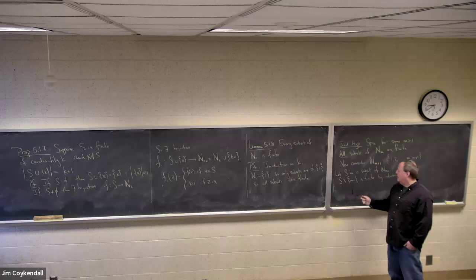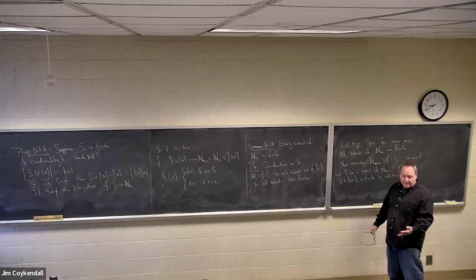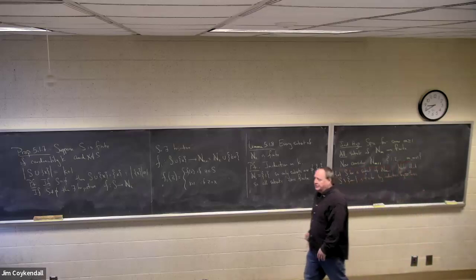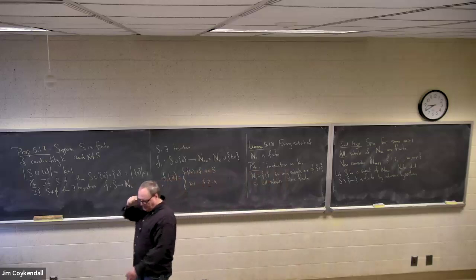Take your subset, take out n plus one. And don't worry, even if S didn't have n plus one in the first place, you're not doing anything, right? So remove n plus one if it's there. And if it's not there, just don't do anything.